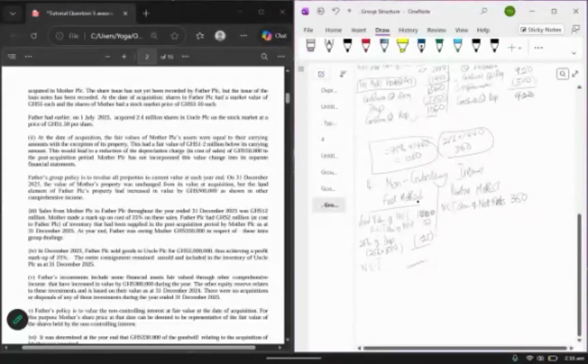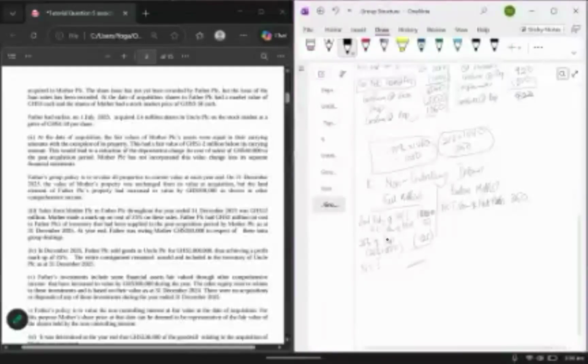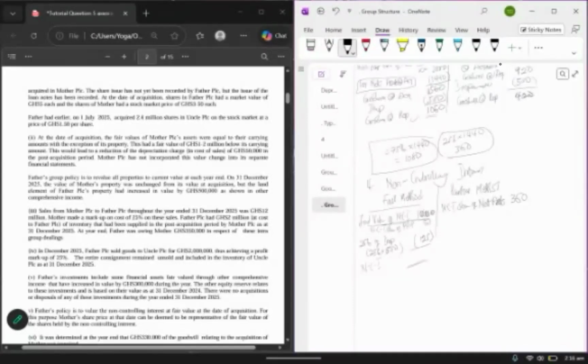Because if you are doing the partial method, I said earlier that you will not be given the fair value in the question. The questions I've seen so far, I've not solved plenty of questions though, but the ones I've seen so far, when the policy is to value the non-controlling interest at the proportional method, you will not be given the fair value of NCI.